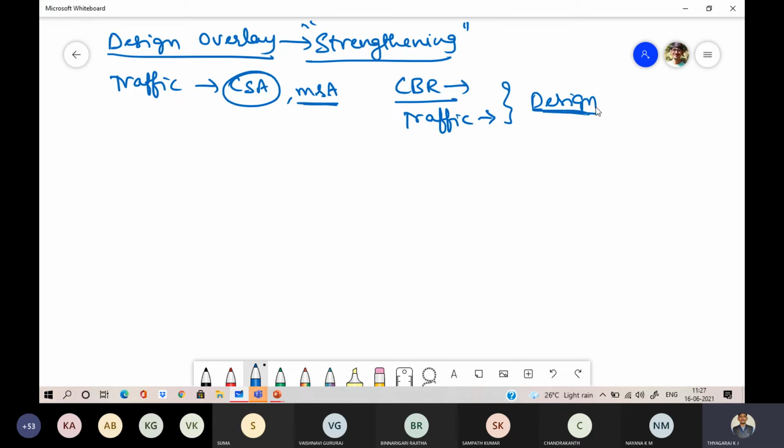But in this overlay design, we are going to consider characteristic corrected deflection and traffic. Using these two, we are going to determine the pavement thickness or design of overlay. So remember, using the deflection value and the traffic, we are going to determine the thickness.